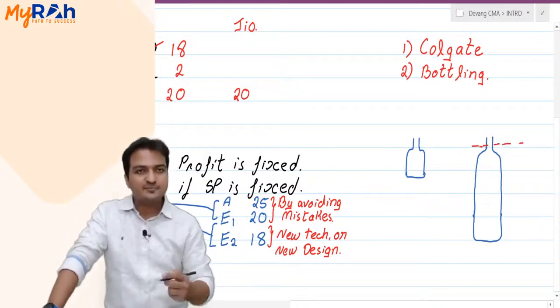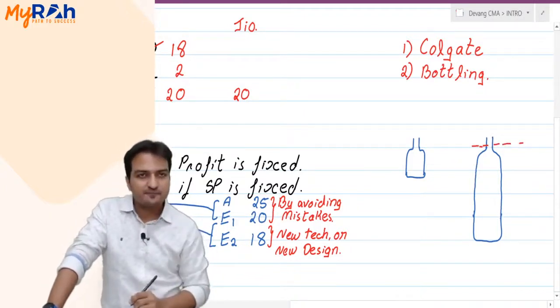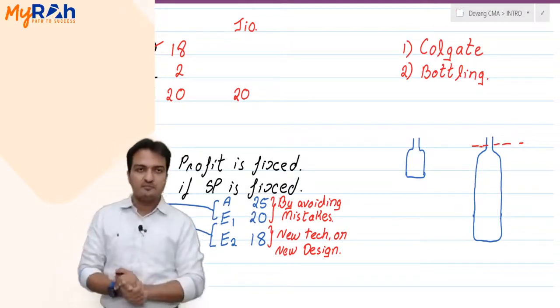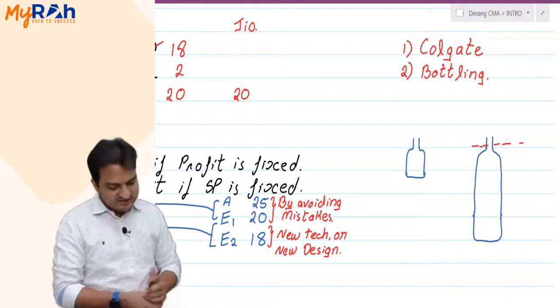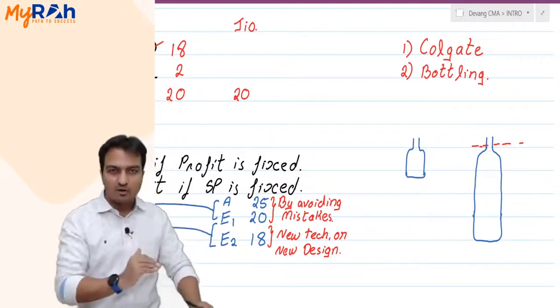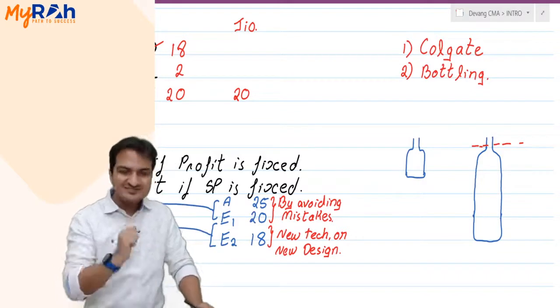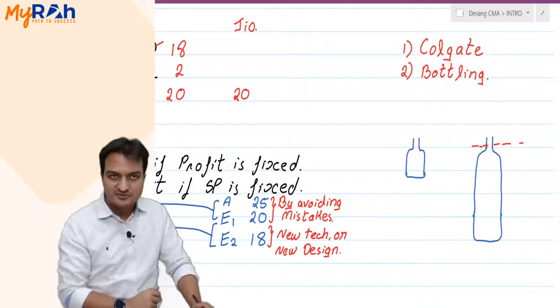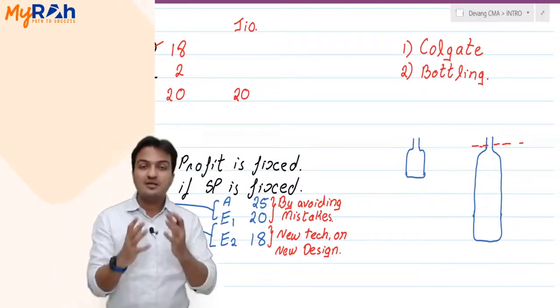The neck part has been cut down. Some product designer who first came up with this design, instead of having long neck bottles, cut the neck and made it a short neck bottle. That change of design gave them almost 40% savings in cost.